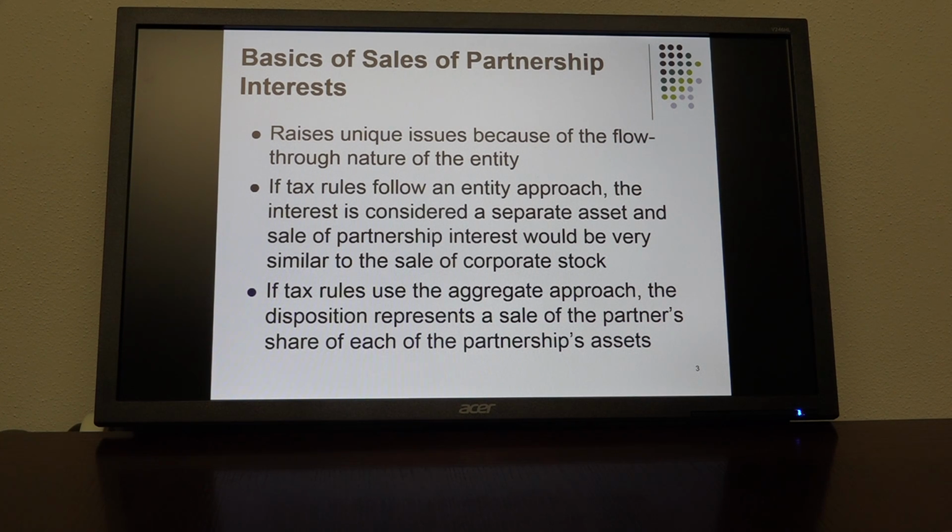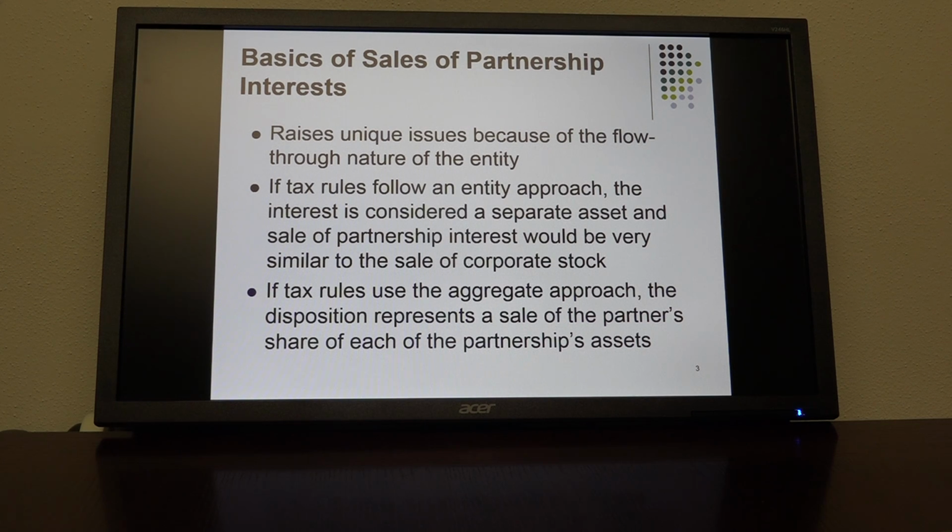If it's an aggregate approach, we have an interest in each asset of the partnership, and essentially the sale represents our sale of our aggregate interest in each asset of the partnership.